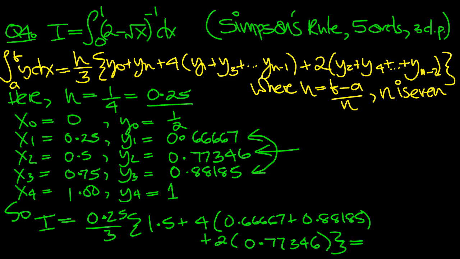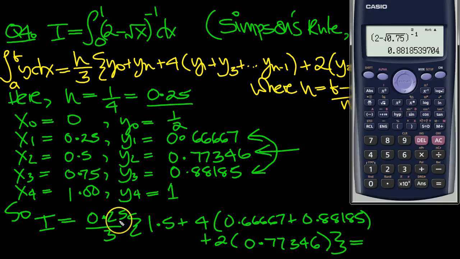Now let's work that out then. Tap it in the calculator. 0.25 divided by 3 times bracket 1.5 plus 4 times bracket, these two added together, 0.66667 plus 0.88185.